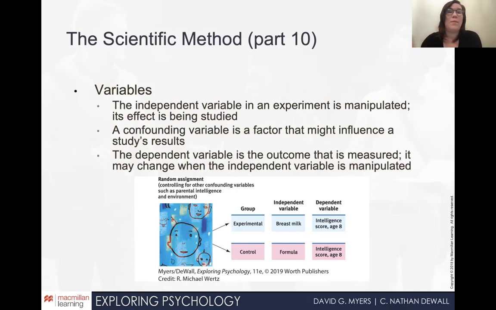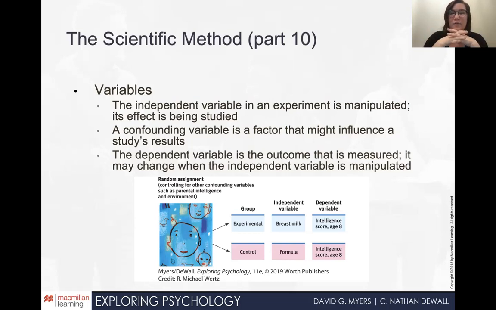And there could be many confounding variables happening in this study, because maybe, yes, as an infant and as a baby, they were separated by those independent variables, breast milk and formula. But then after they started eating solid foods, the diets of these kids could be vastly different, right?